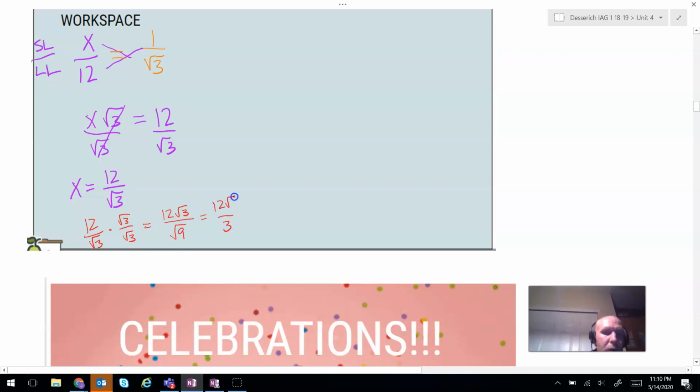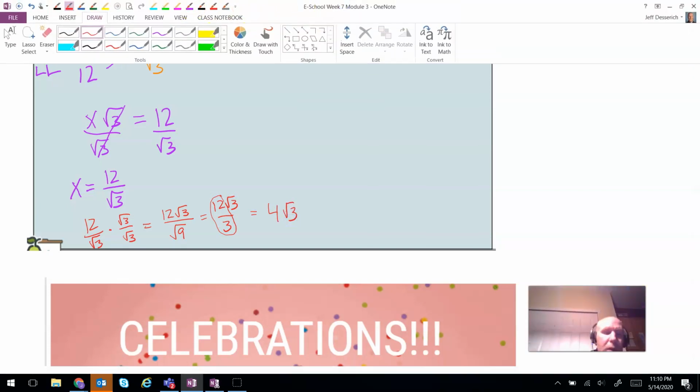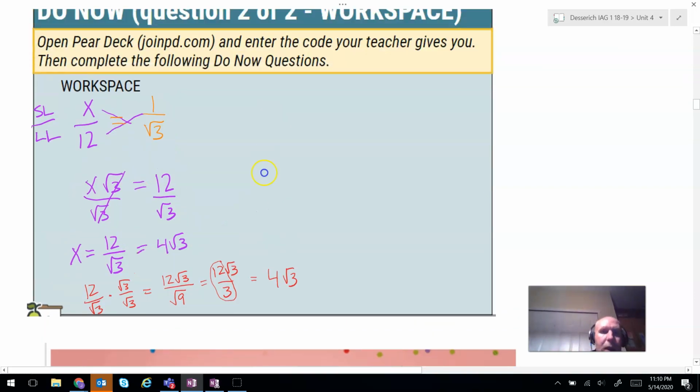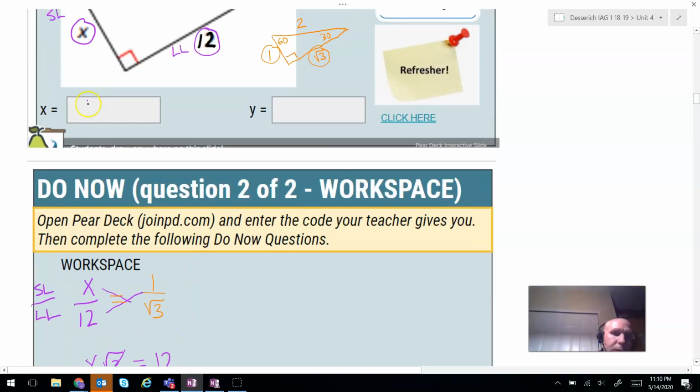So 12 square root of 3 over 3. And since both the 12 and the 3 are outside of the square root sign, that'll give us just 4 square root of 3. So that is why we did that. We've got 4 times the square root of 3 is our x. 4 square root of 3.